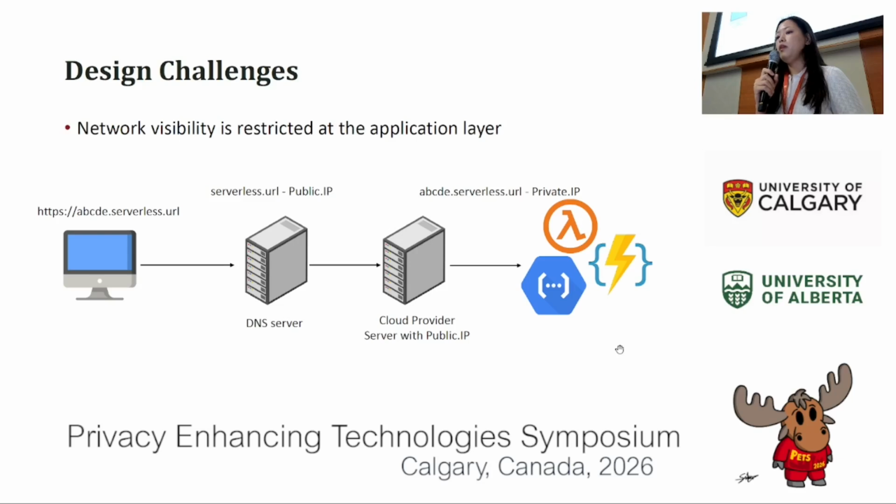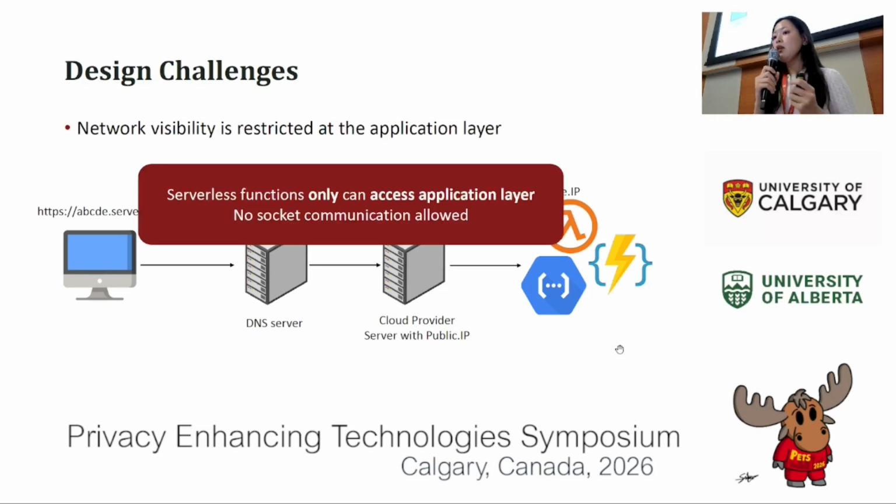The cloud provider's server internally maps the public IP address to a private IP address with the serverless URL. This whole process is under the cloud provider's control, so users cannot see the transport or IP layer. This disables socket communication, which makes using a serverless function as a proxy genuinely difficult.